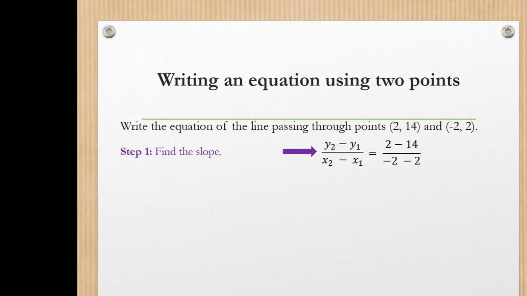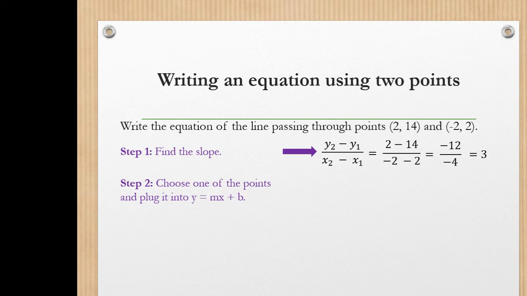Plug in what we know. The y values are 2 and 14, so the top is going to say 2 minus 14. The bottom is going to say -2 minus 2. Simplify the top and then simplify the bottom. We get -12 over -4, which simplifies to +3. That means our slope is +3.